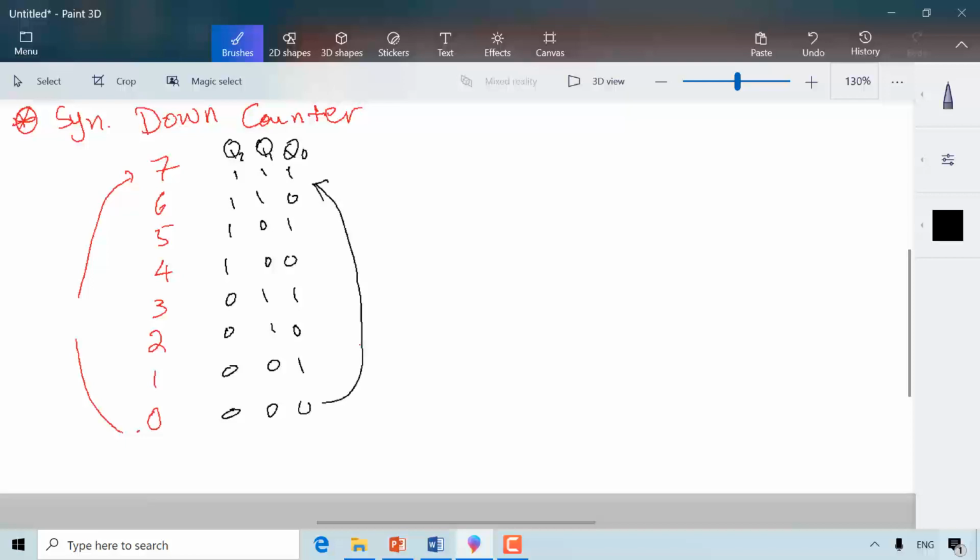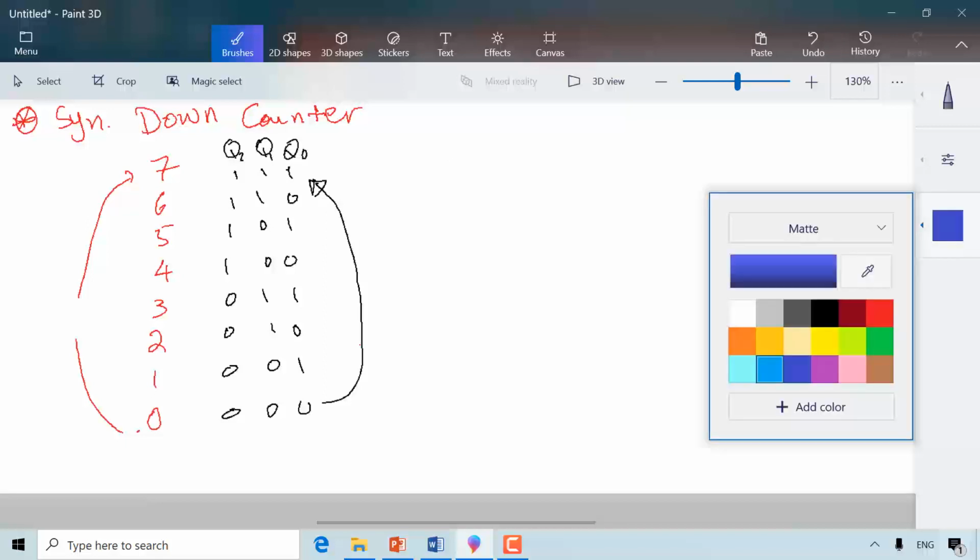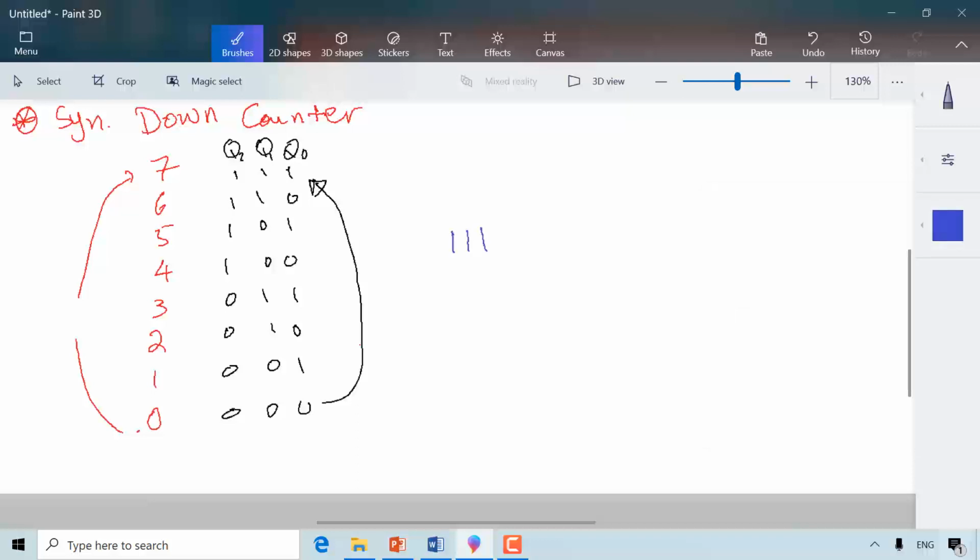If I draw the state diagram, I'll start from, let's say, state 1 1 1.